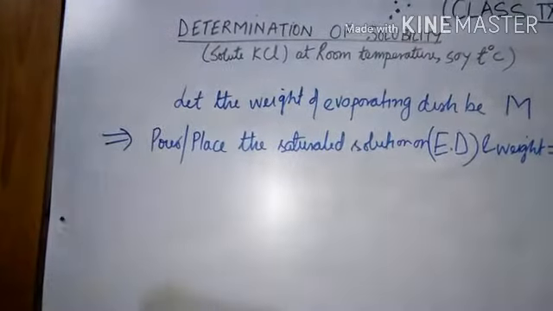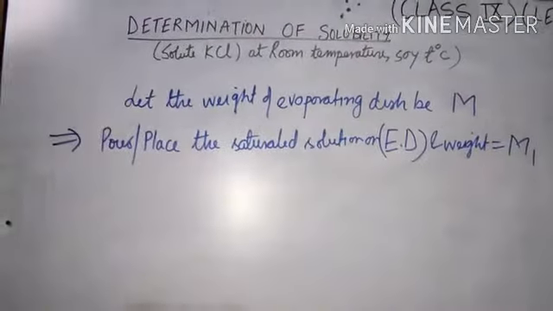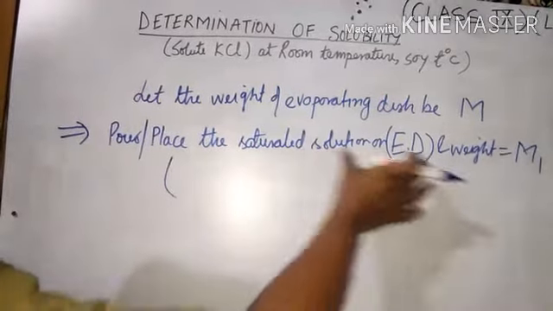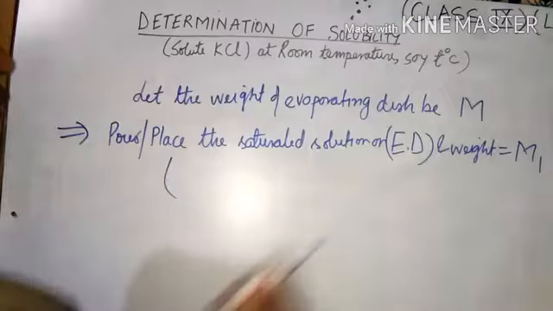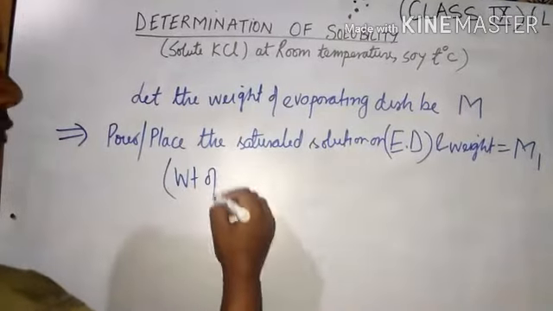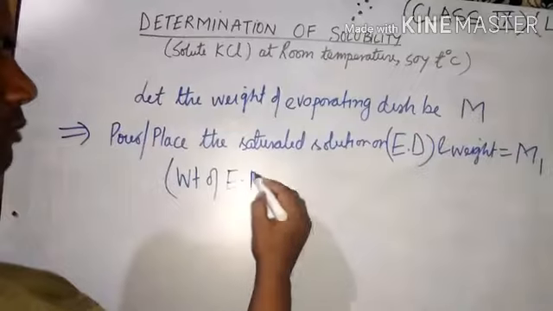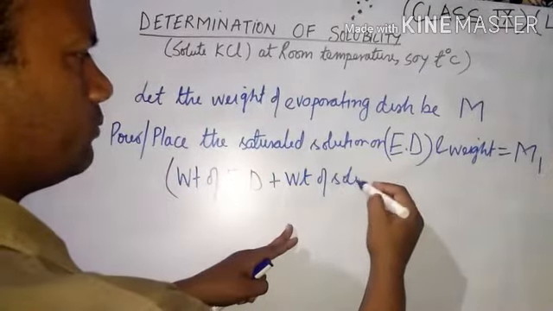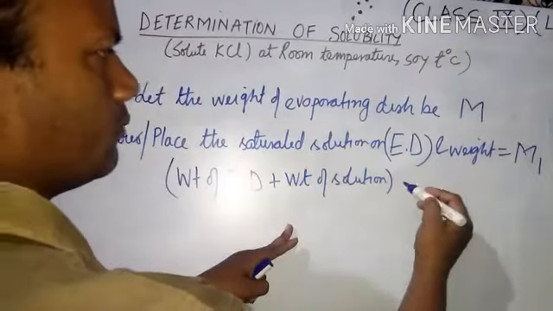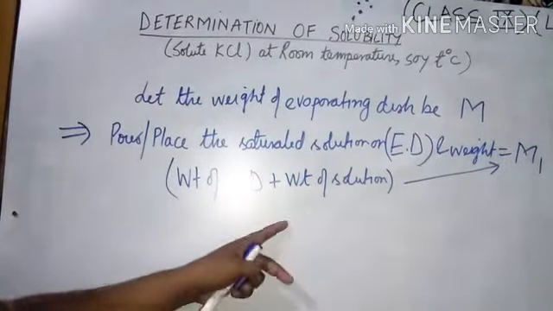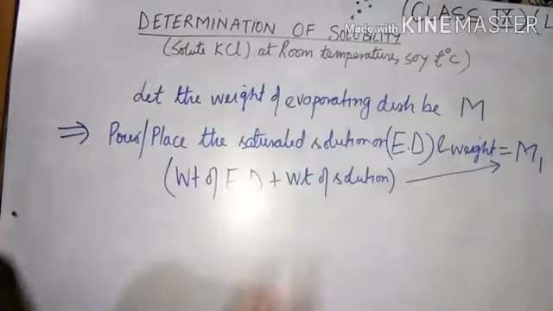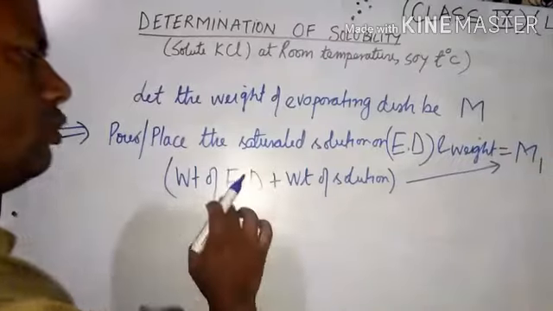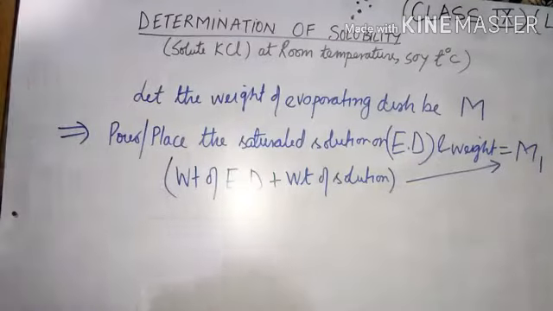So here, to give you a clear understanding, I am writing in bracket that M1 is the weight of evaporating dish plus weight of solution. This is M1. Yes, students, it is clear now? Because we have poured or placed that saturated solution on this dish, and we have weighed it. So it includes the weight of evaporating dish plus weight of solution.